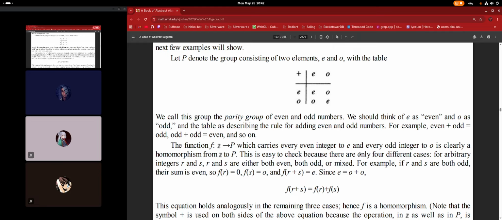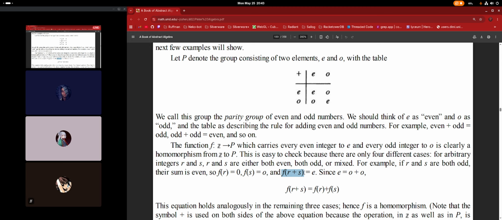So for example, if they are both odd, their sum is even. So if f of r is o, this is also wrong, this is e. And f of s is o. What happens? Well, you have to check what happens with their sum, right?